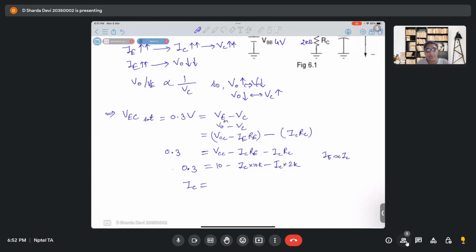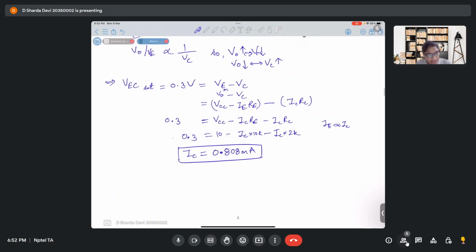Around 80 milliamperes. Did you check the units again? It's 0.08 milliamperes, so it must be 80 microamperes. So this is the value of IC and it is also the value of IE.